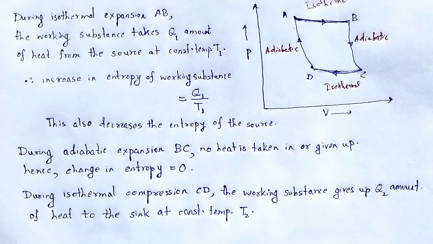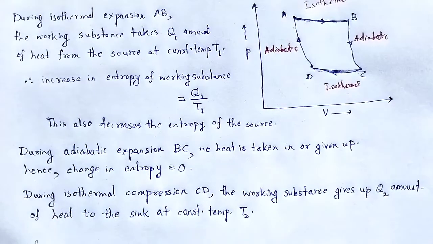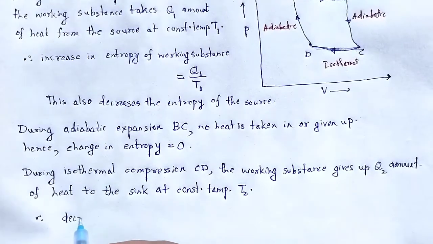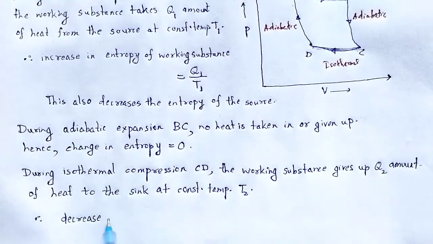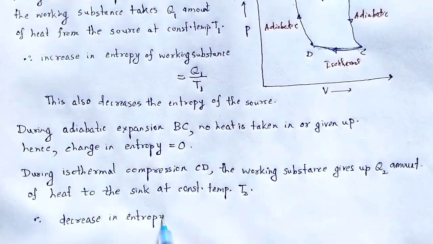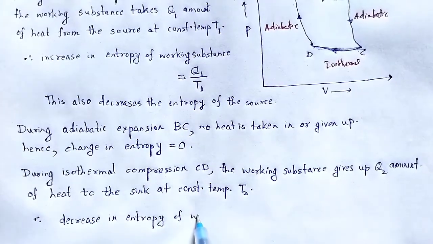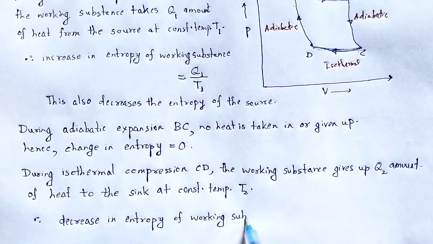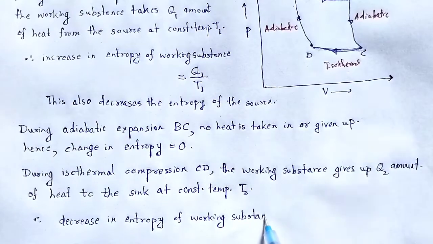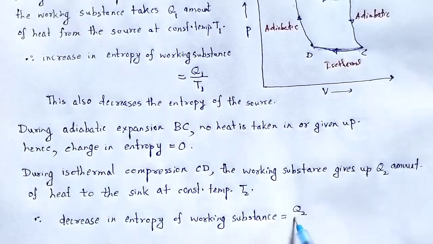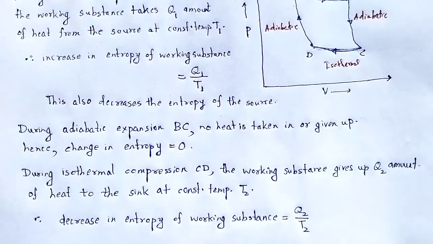Therefore, the decrease in entropy of the working substance will be Q2 divided by T2.